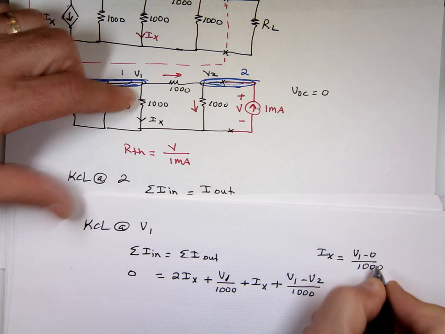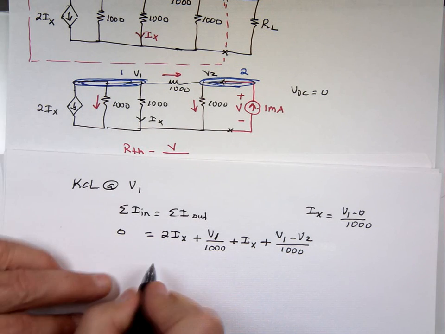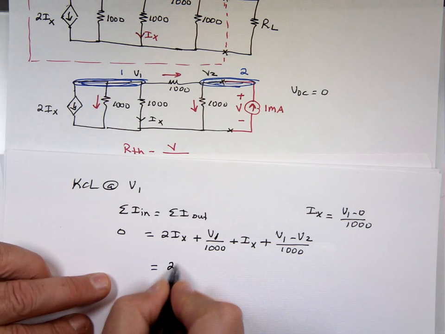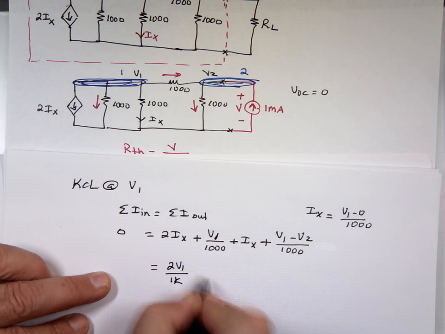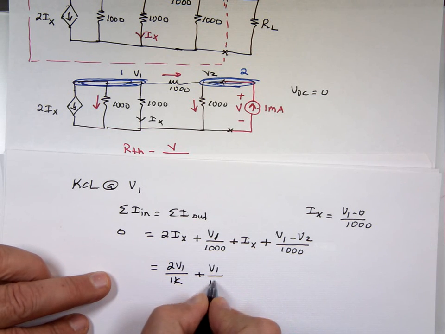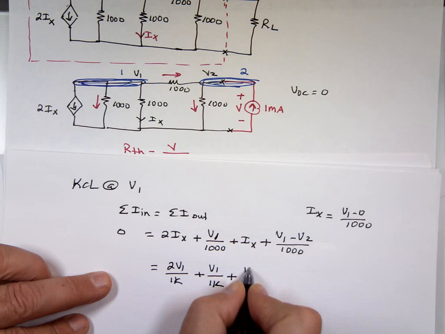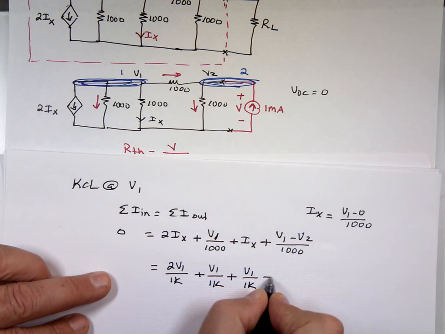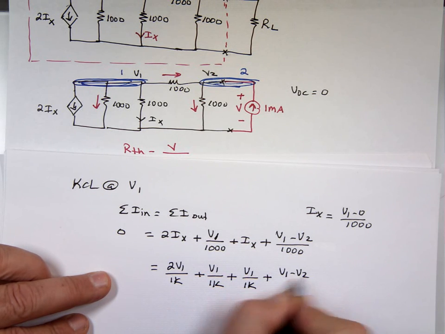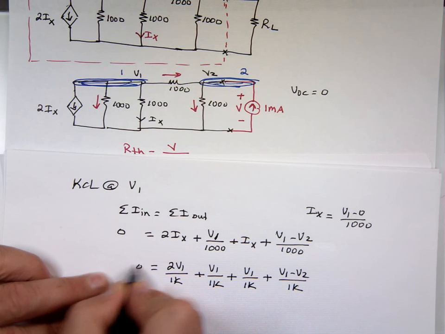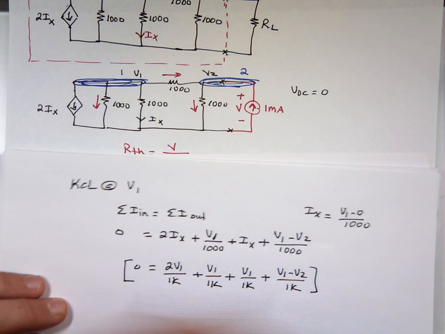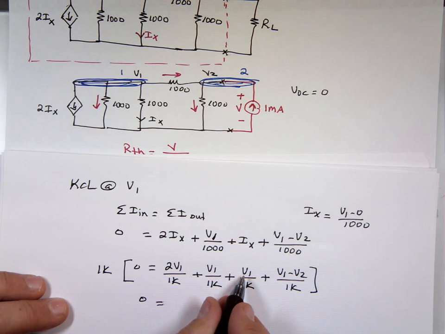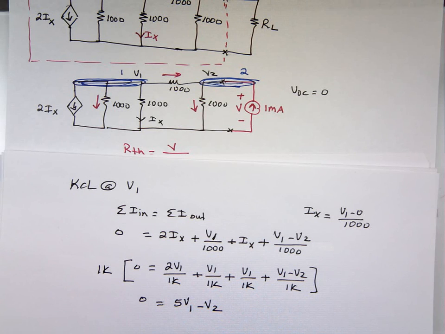So if I plug it in here, I have 2V1 over 1K plus V1 over 1K plus V1 minus V2 over 1K. My LCD is 1K. 2, 3, 4, 5, which tells me V2 equals 5V1.